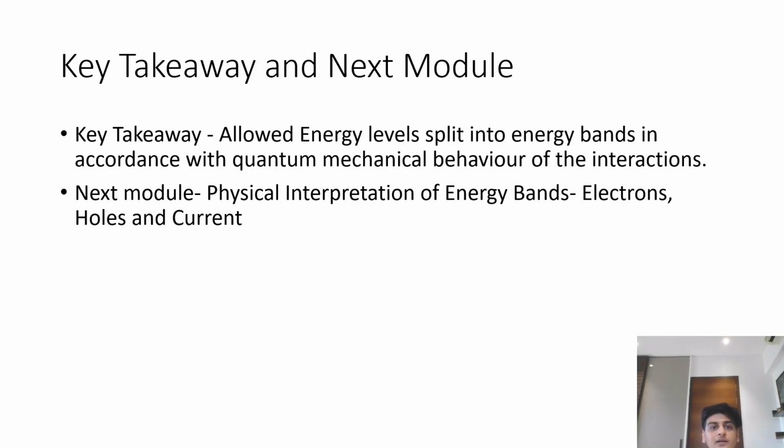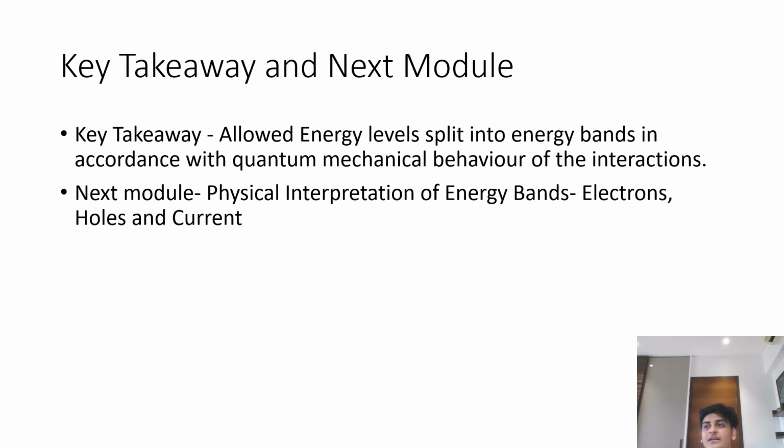Cool. The final slide is the key takeaway and what we're going to talk about in the next module. The key takeaway that I want you to take away from this module is that the allowed energy levels split into energy bands in accordance with the quantum mechanical behavior of the interactions.